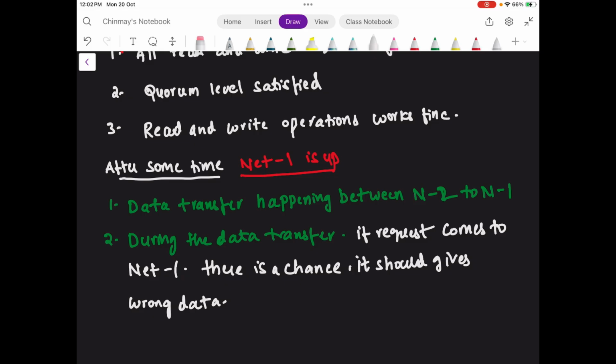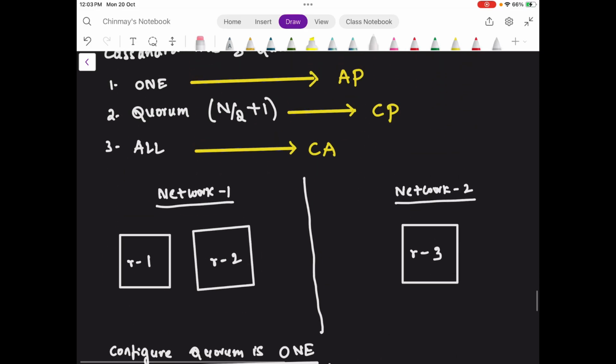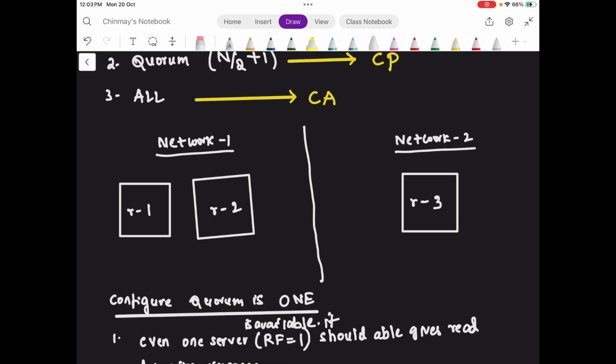Now what is compromised here? If network 1 is completely down, all the reads and writes come to network 2. After some time, if network 1 is up, network 2 starts transferring the data.